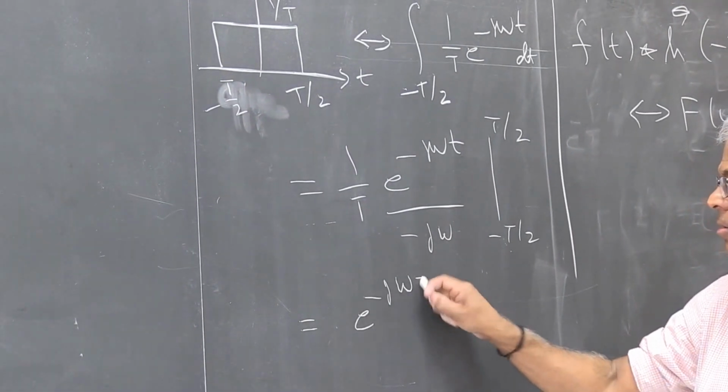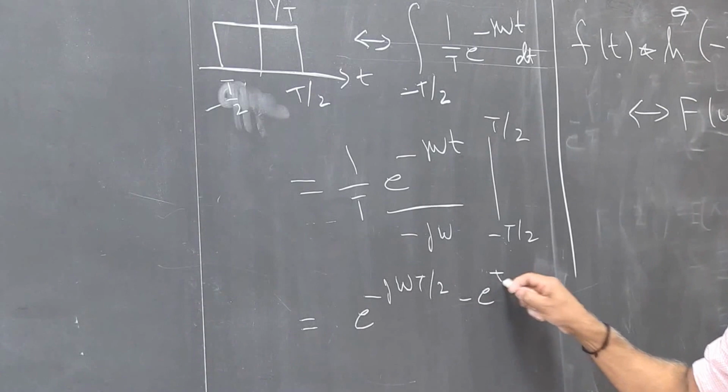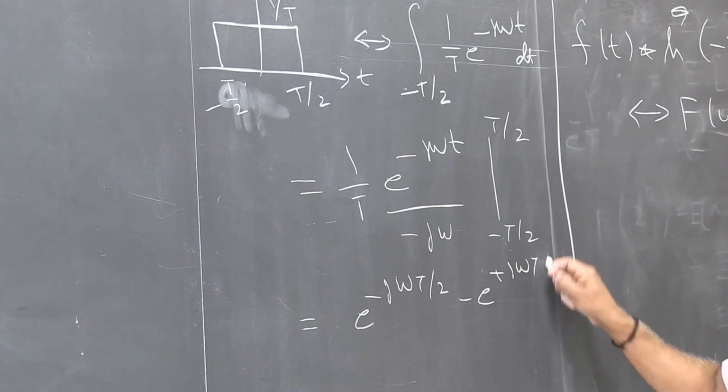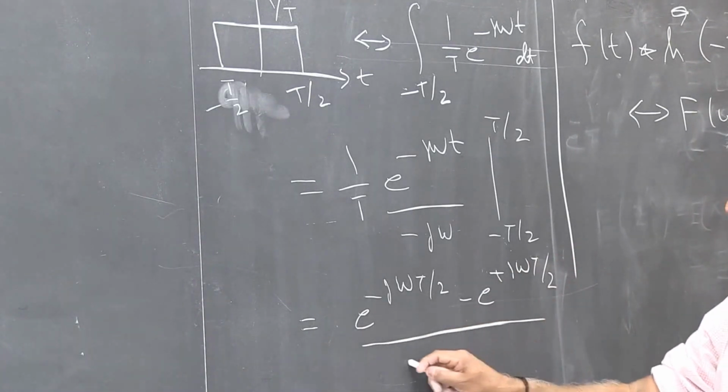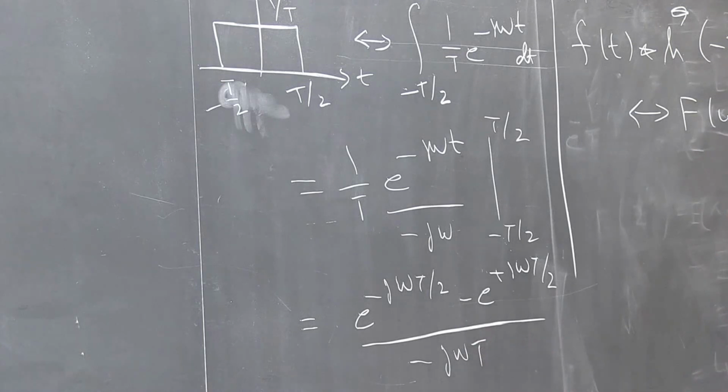Anybody? No? What did you say? Yeah, that's minus 2 sine omega T by 2, right?